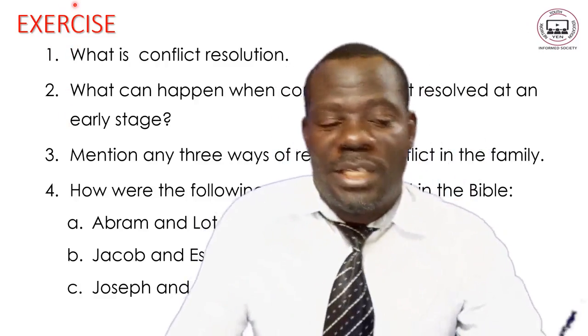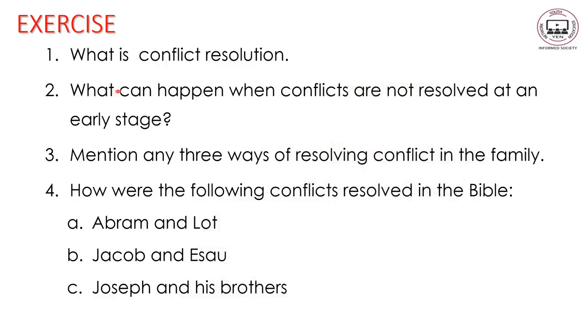Now, I have with me here an exercise for you to do. Number one, what is conflict resolution? Number two, what can happen when conflicts are not resolved at an early stage? Number three, mention any three ways of resolving conflicts in the family.